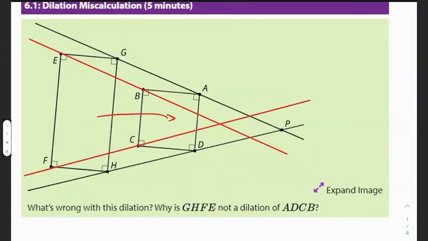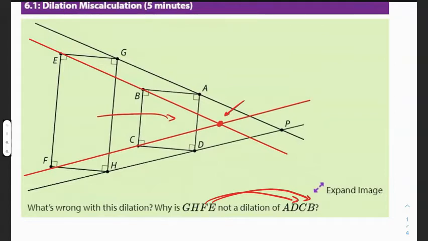Notice when I do that from E mapping onto B and F mapping onto C, we get a whole new center of dilation.